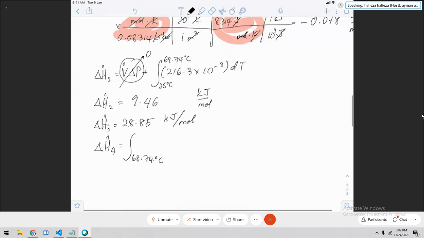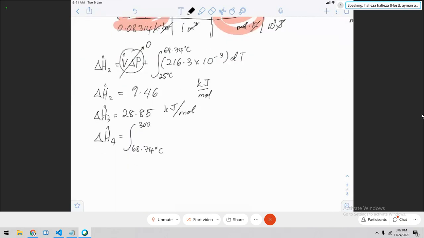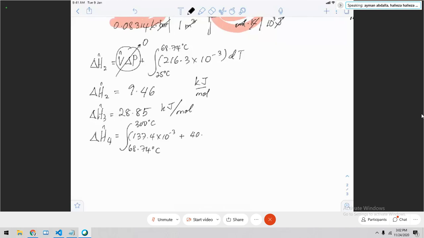Now A times 10 to the power of negative 3, I need you guys to help me here. 127.44 times 10 to the power of negative 3 plus 40.85 times 10 to the power of negative 5.